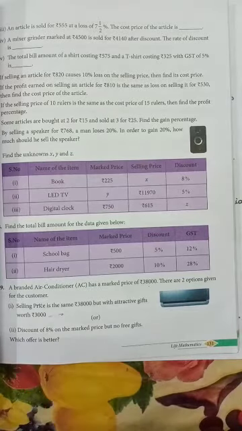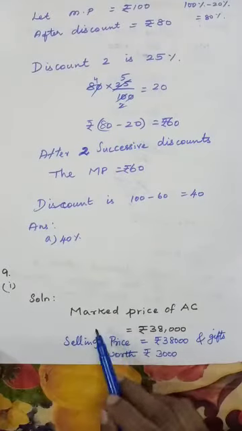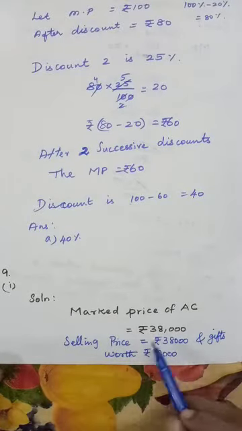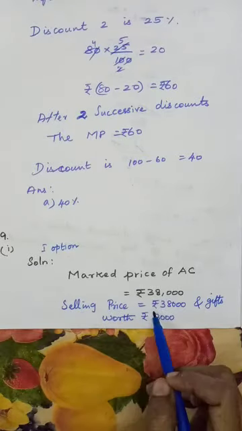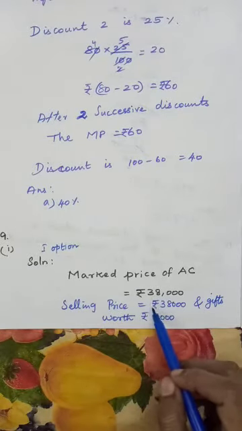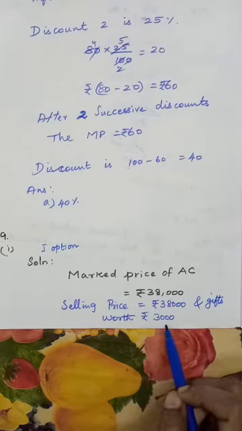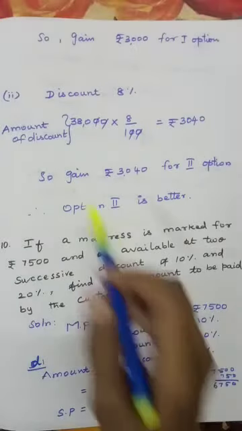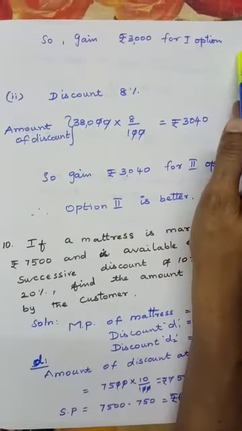Which offer is better? Ninth problem solution. Marked price of AC is rupees 38,000. Selling price of AC is rupees 38,000 and gifts worth rupees 3,000. So gain rupees 3,000 for the first option.